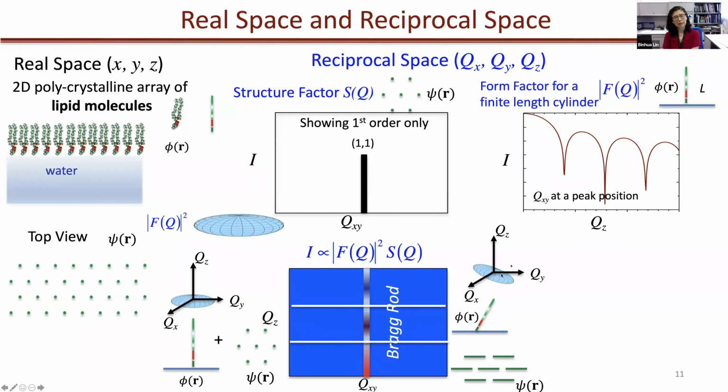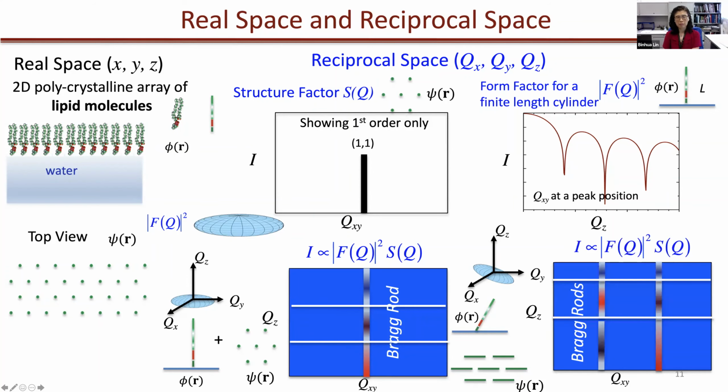However, if you tilt it, then two things happen. One is you distort the psi function, meaning you distort the structure factor, so you split the peak from one to two. The second is that the form factor is tilted, so that moves the maximum of this Bragg rod peak out of plane. And we'll get to this in more detail later.